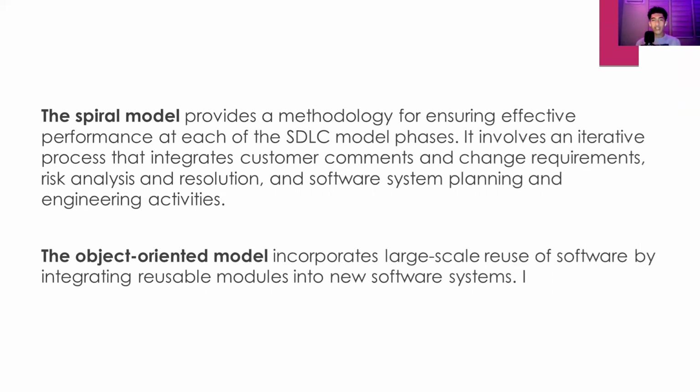It involves an iterative process that integrates customer comments and changed requirements, risk analysis and resolution, and software system planning and engineering activities. The last model is the object-oriented model. This incorporates large-scale reuse of software by integrating reusable modules into new software systems.